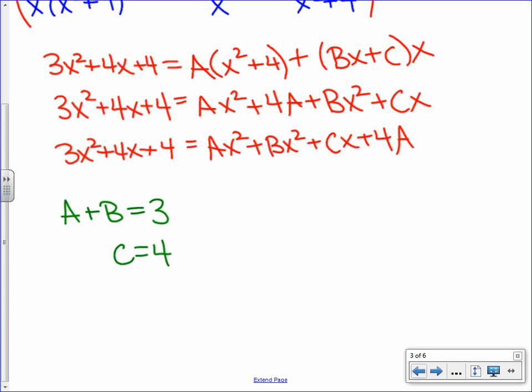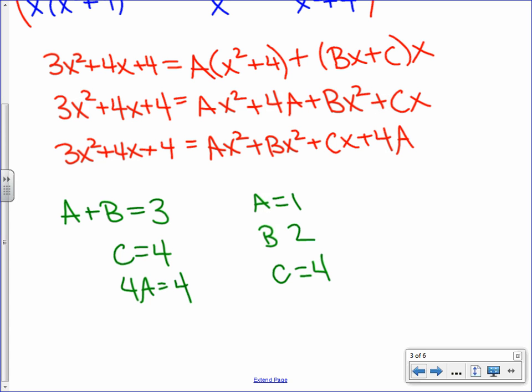So that means our constant 4a better equal 4. So what's A? What's C? 4. And if A is 1, what does that make B? 2.